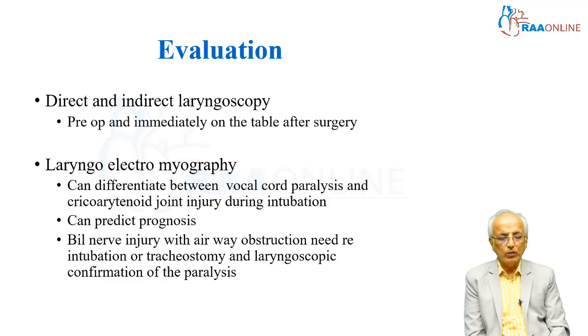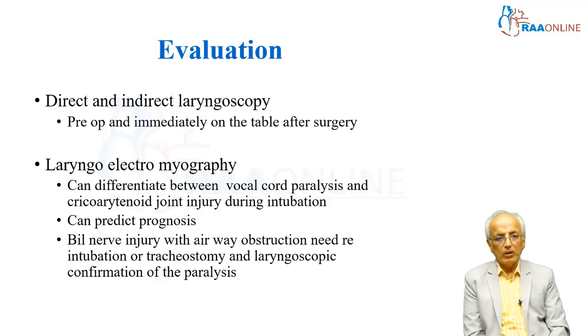Now, what do I do if I suspect a laryngeal vocal cord paralysis? Direct and indirect laryngoscopy. It is mandatory that the patient undergoes a direct or indirect laryngoscopy preoperatively to identify undetected vocal cord issues.